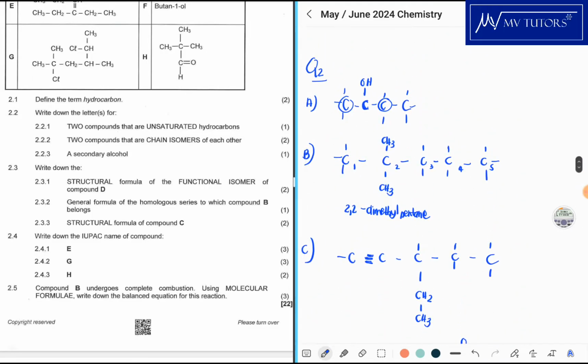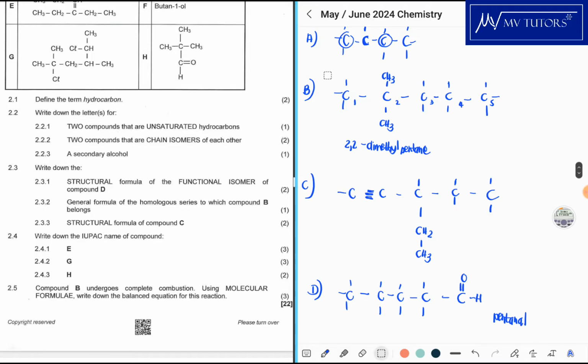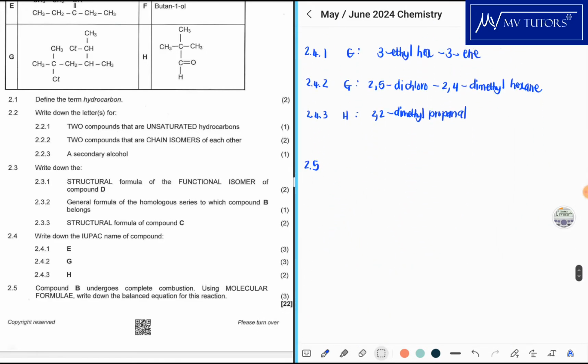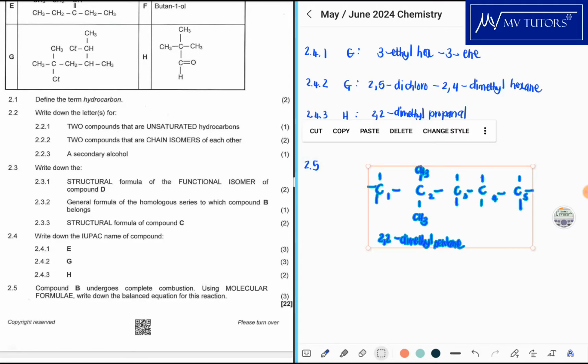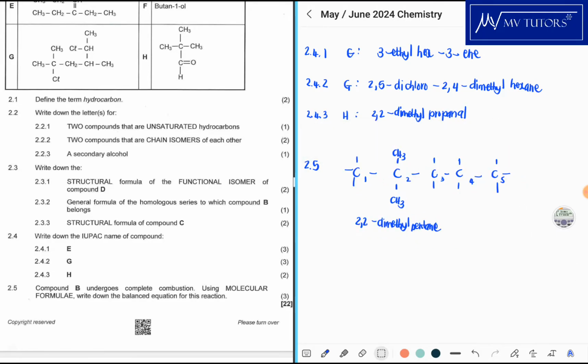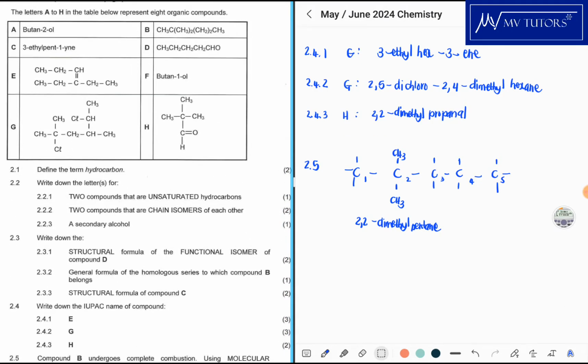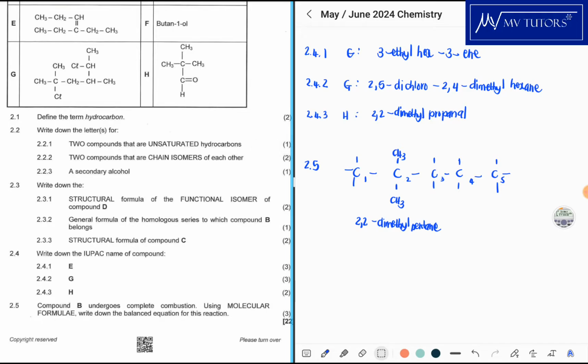I'm just going to copy it so that I don't always have to refer to it. Oh, it was a condensed structural formula. So it undergoes complete combustion. Now using molecular formulae, write down the balanced equation for this reaction.